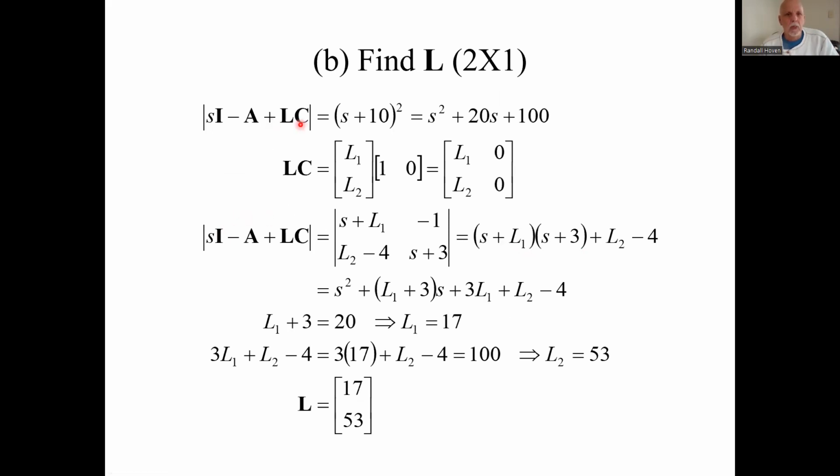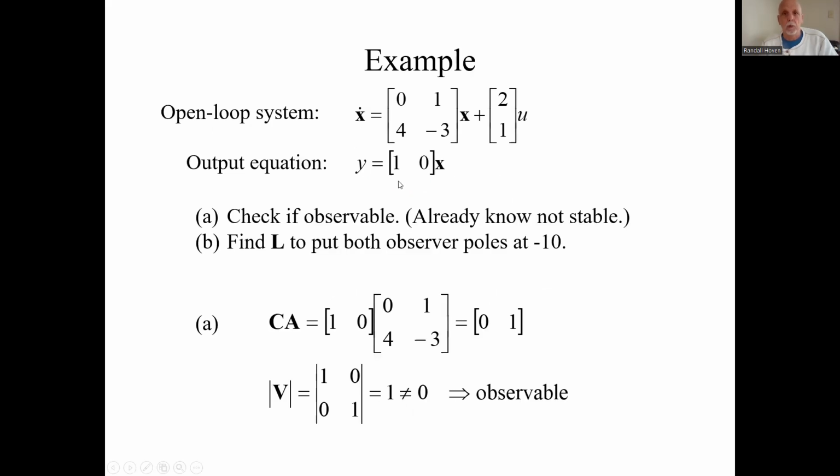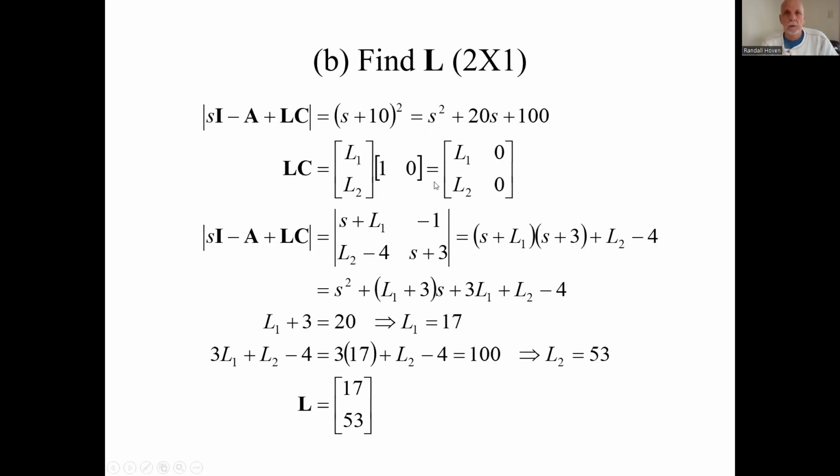To compute this left side, we need to do this product LC. There's what L is, there's what C is, which came from here. So that's what LC looks like. This is the determinant we need to take now that we added the LC to the original sI minus A. I'll multiply that out and again equate coefficients.